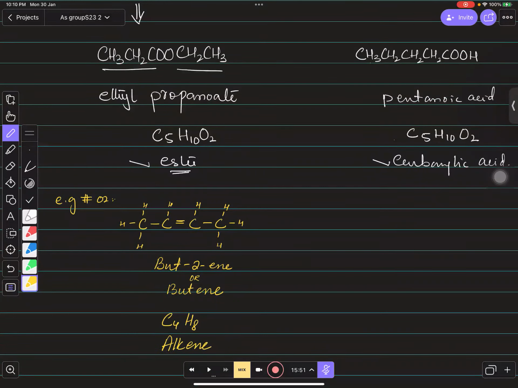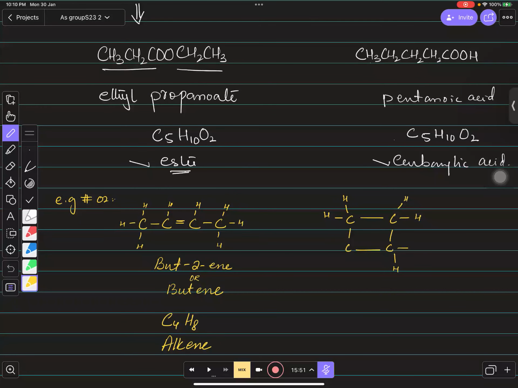That's fine, good. Then suppose I have this molecule, which is a closed structure. Every carbon has single bonds, and to complete all 4 bonds of each carbon, we require 2 more bonds with hydrogen, like this.